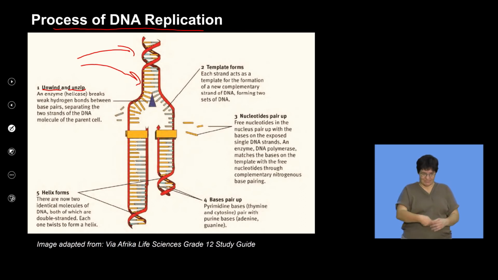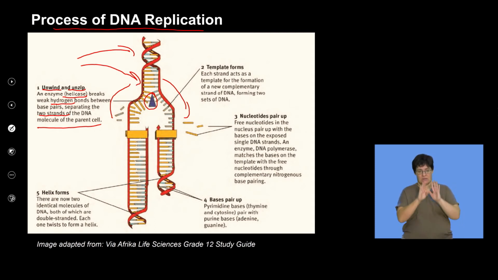We have an enzyme called helicase that breaks the weak hydrogen bonds, illustrated here by this arrow, holding the complementary base pairs together. This causes the separation of the two strands of the DNA into templates on either side. So we now see that the enzyme breaks open the strands, causing a separation.